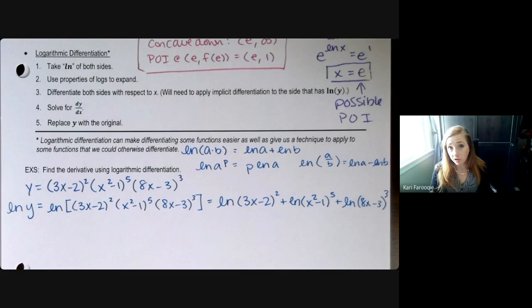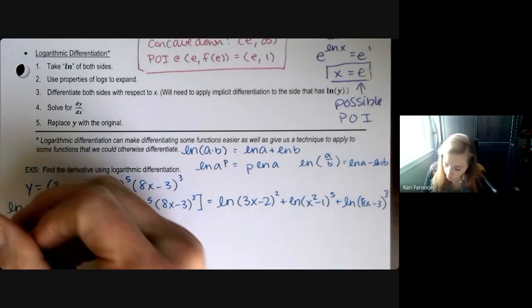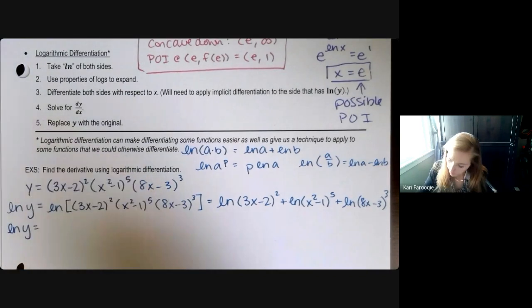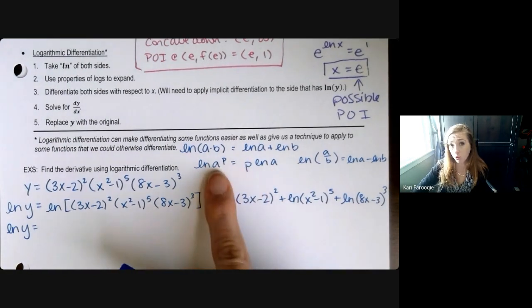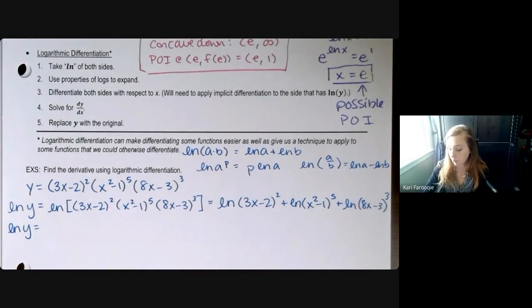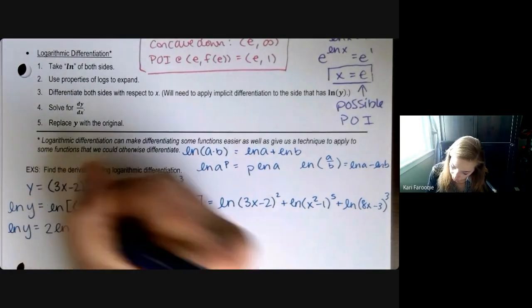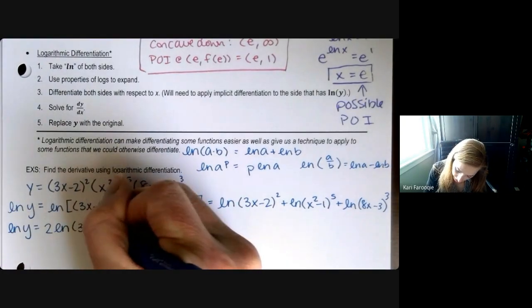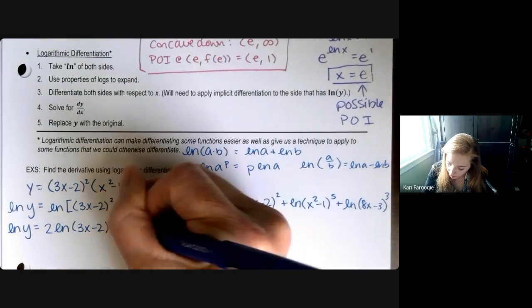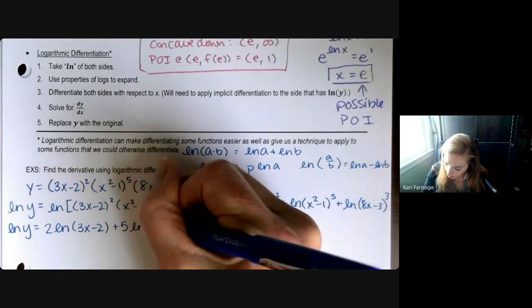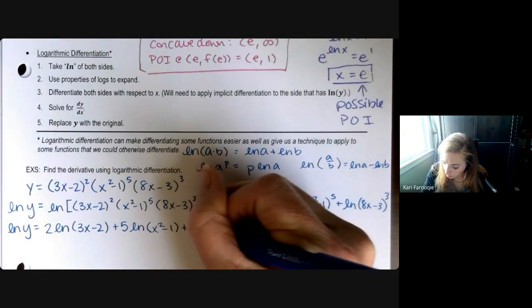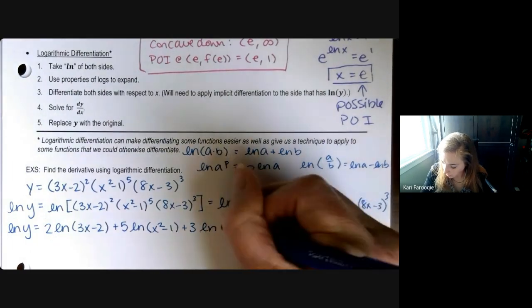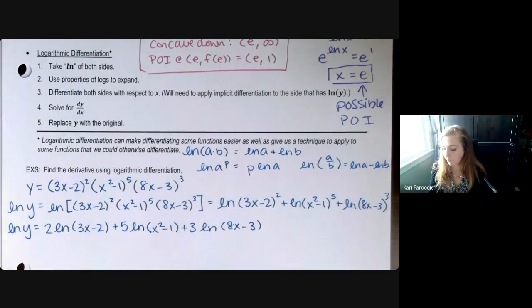So we're using the log properties to expand. We're actually not done yet. We have a little more expanding to do. Rewrite the left-hand side. And now we're working here. We're going to expand by using this power rule that allows us to take the exponent and bring it out front. So this is 2 times the natural log of 3x minus 2 plus 5 times the natural log of x squared minus 1 plus 3 times the log of 8x minus 3.